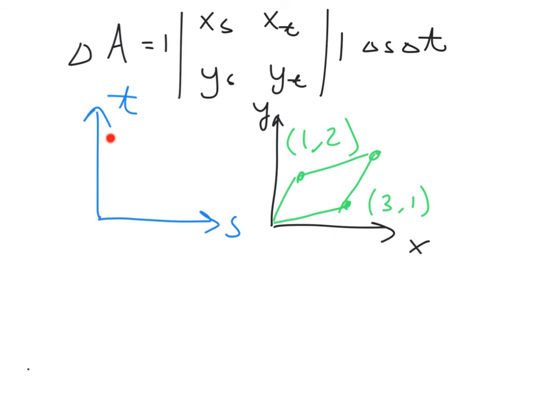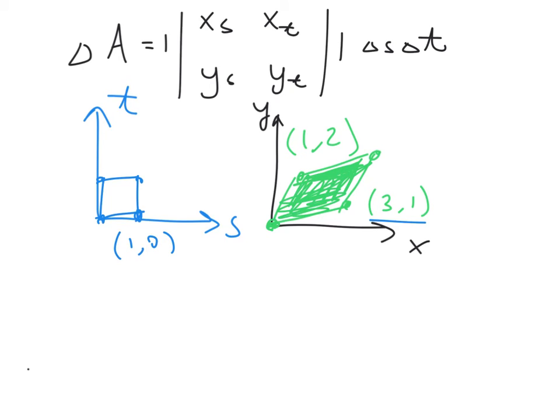Let's use this exact same idea, but go to a slightly more interesting set of coordinates. So now imagine that we've been given a parallelogram region that we're going to want to integrate over, with a vertex at 0, 0. We can use this same idea of trying to transform it to a rectangle in st space. And so now we would want the point 1, 0 in st space to correspond to the point 3, 1 in xy space.